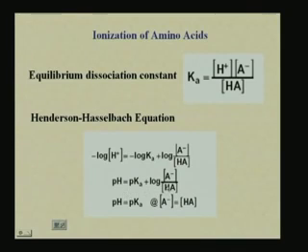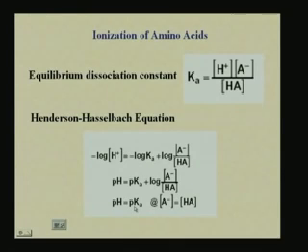And if the concentration of these two are equal, it means I have equal amounts of undissociated and dissociated forms, then this is going to have a ratio of 1, making the logarithm 0, and my pH is going to be equal to pKa, right. So, what are we considering here?